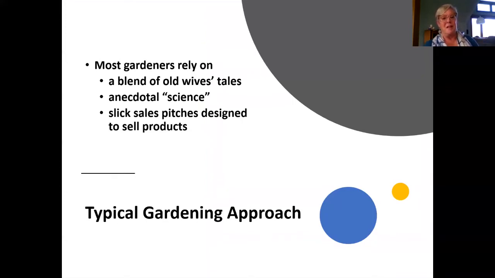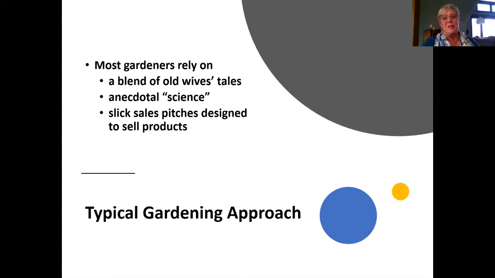Most gardeners are working with blends of old wives' tales and anecdotal science, which Master Gardeners hope to keep at bay. I say it all the time on Facebook or other sites. And then you've got the sales pitches at your garden centers, where a lot of these people are not really trained. They're just taught to sell, and they keep passing this information off onto you, getting you to buy products.